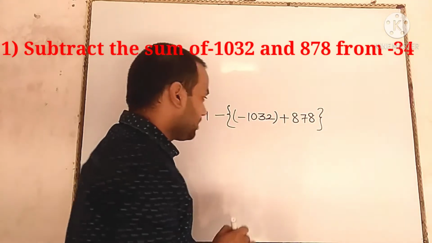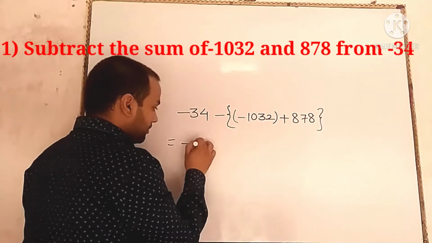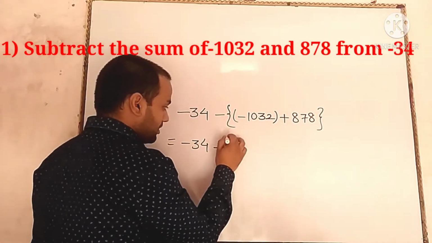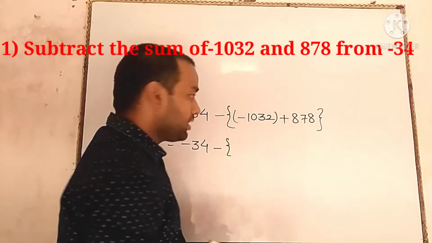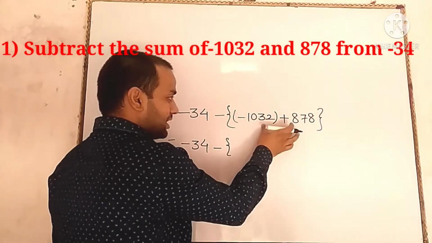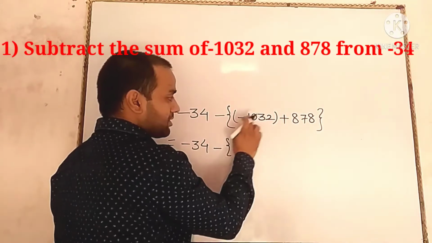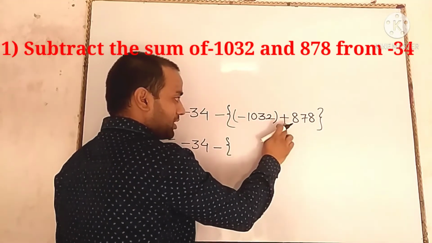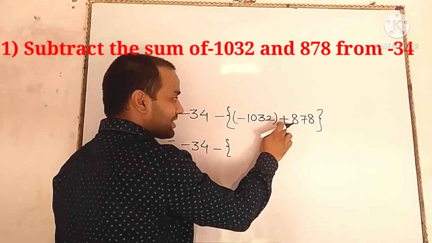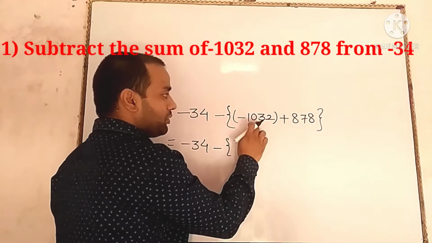Is it clear? Minus 34 minus, use the curly bracket, and first of all solve this bracket. Here minus and this number with plus sign, so two opposite signs are present here, so we subtract.